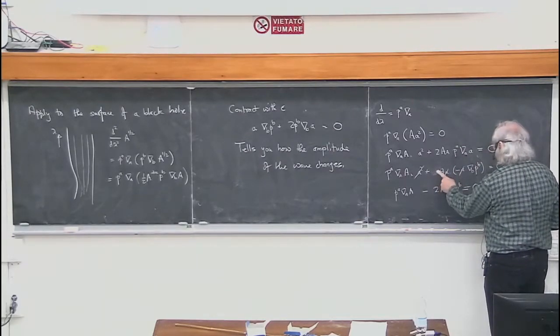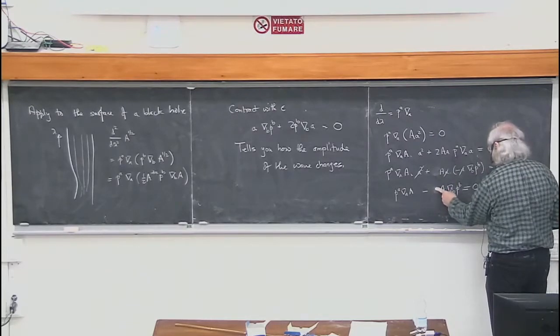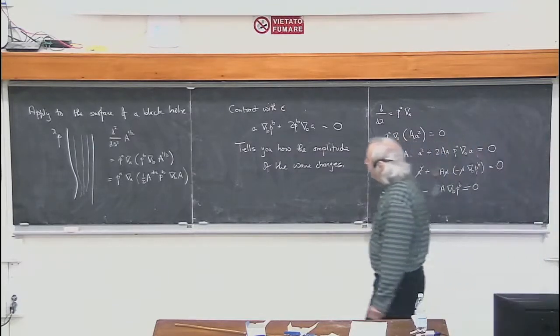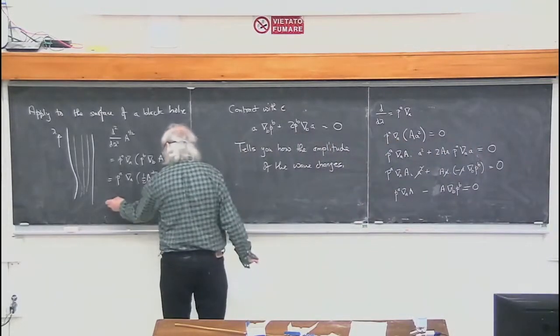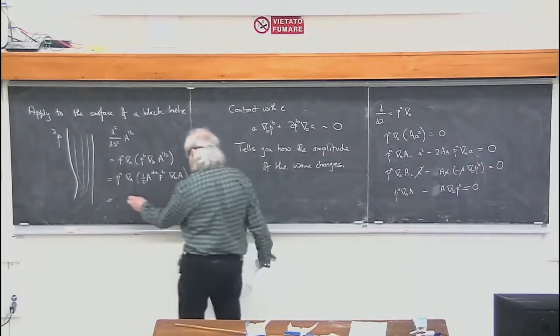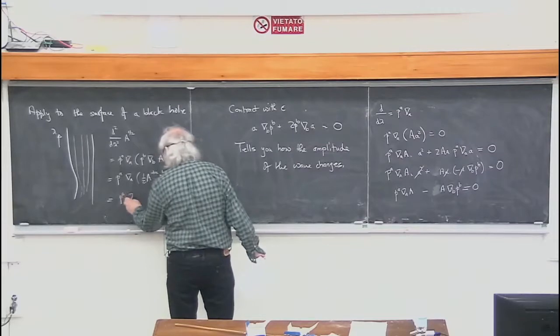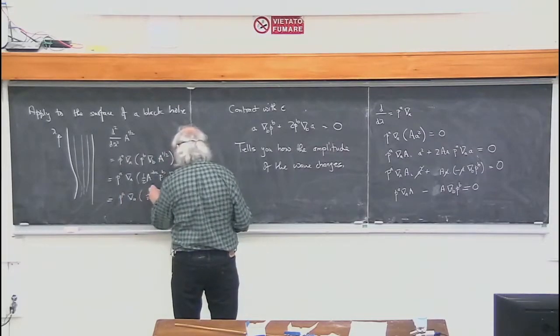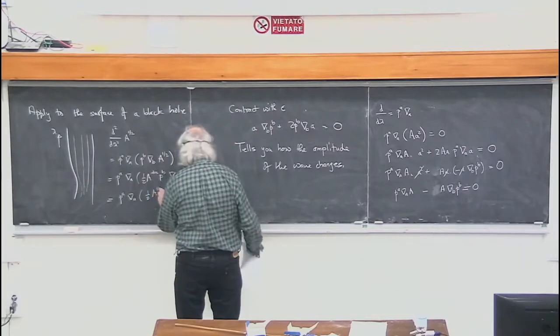This 2 should not be here. That's better. Someone should have told me. So this thing, using this equation, is the same thing as P^A del_A of a half A to the 1/2 del_B of P^B.